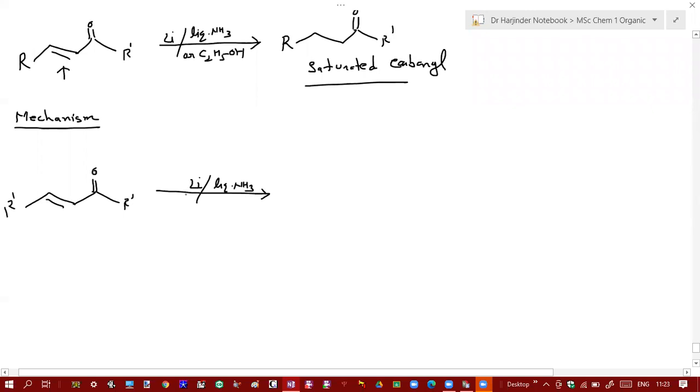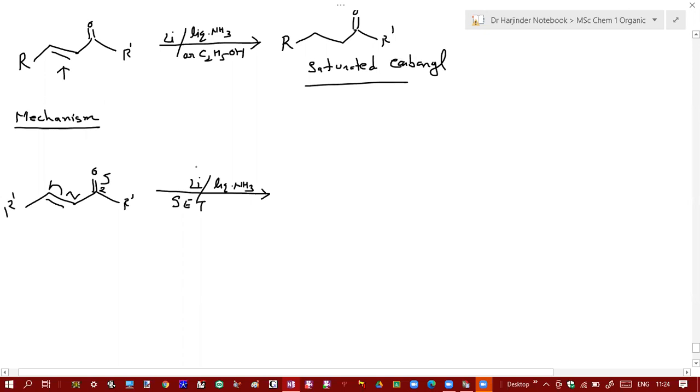So what will be the first step? Electron transfer to the oxygen atom. Single electron transfer. So when single electron transfer takes place, both these double bonds will undergo homolytic bond cleavage. So this will shift over here, this will shift over here, and one electron from this double bond will shift over this carbon, another to this carbon.